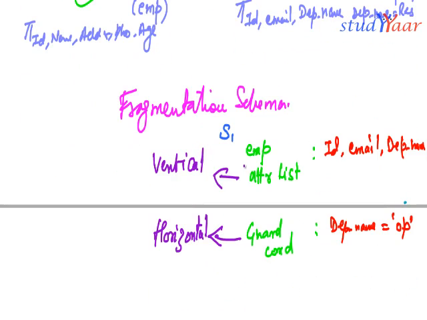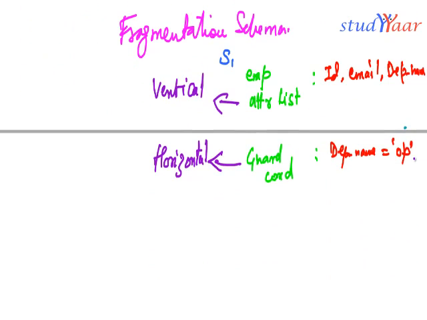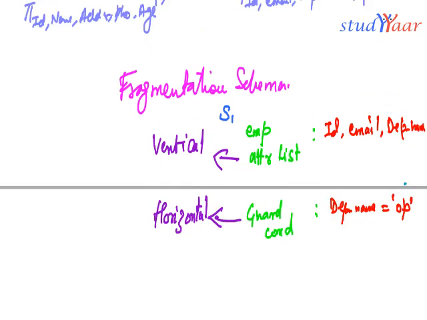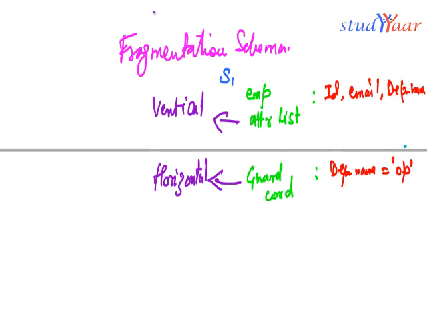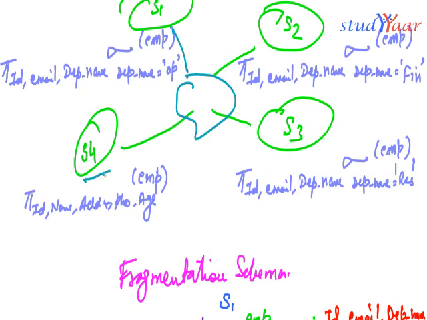From my fragmentation schema, I get to know where a particular tuple could be. So if I am searching for, let's suppose, the name of the person working in operations, then I know that I won't get the name in S1. Why? Because S1 only has ID, email and department name. So I would have to go to S4.